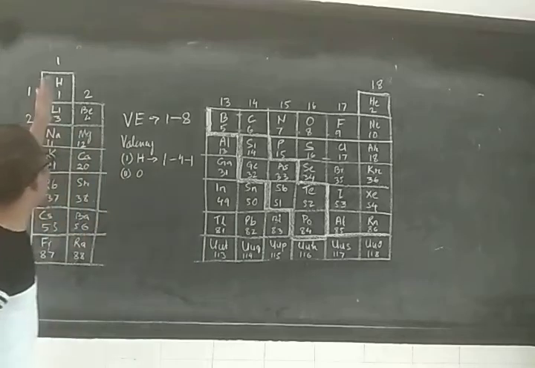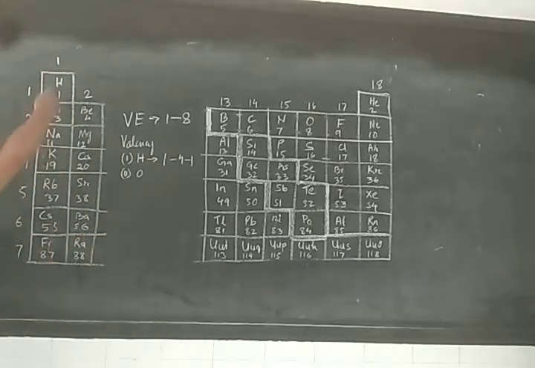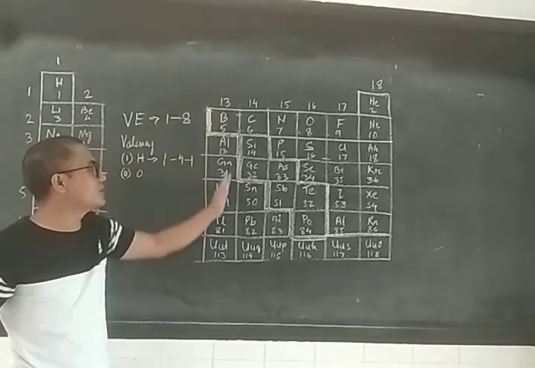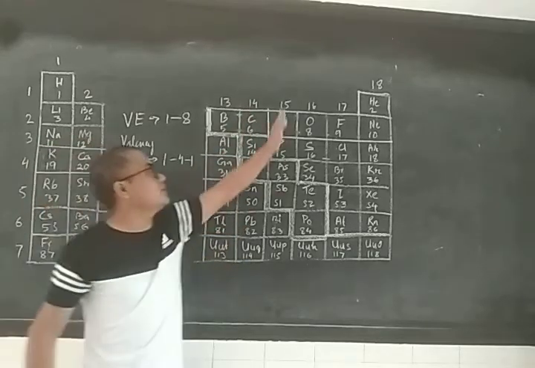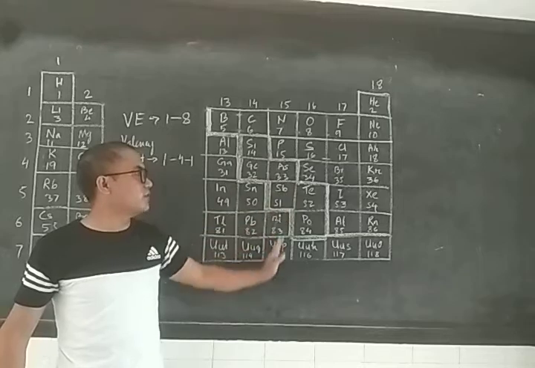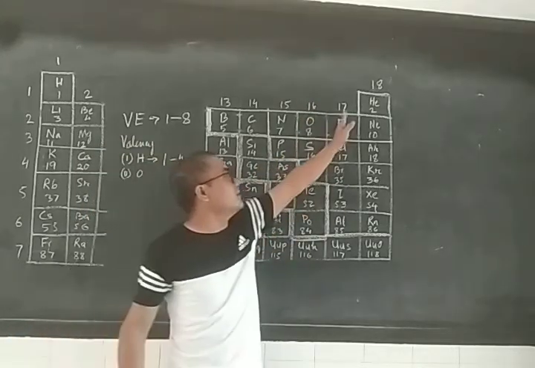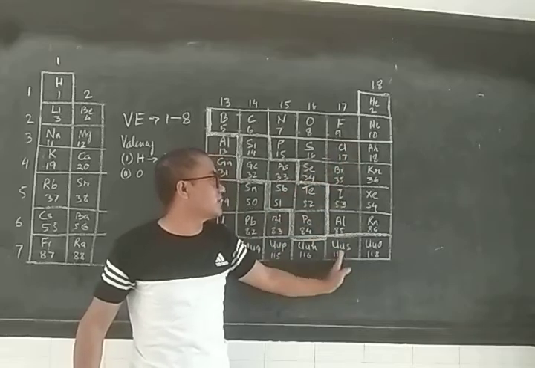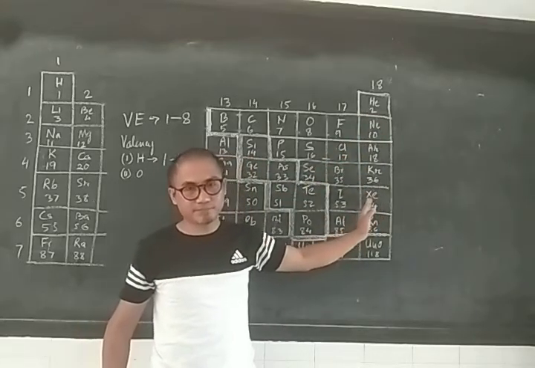This group will have 1 valency, this group 2 valency, this group 3 valency, this group 4 valency, then 3 valency, 2 valency, 1 valency, and this will be 0 valency. I will explain this later on.